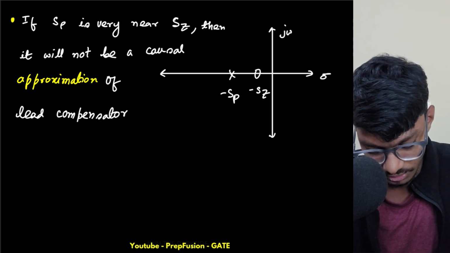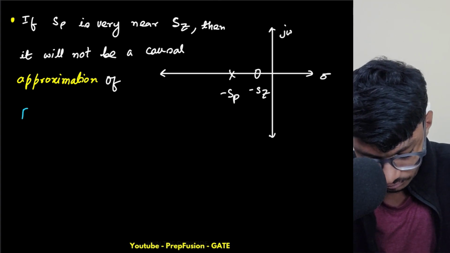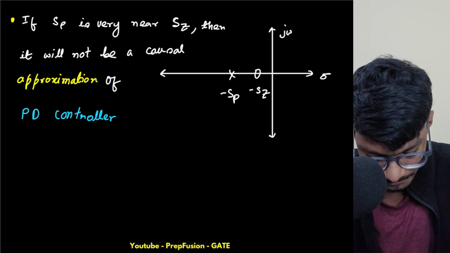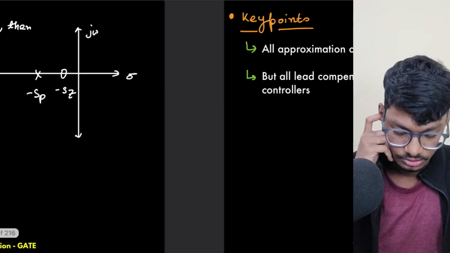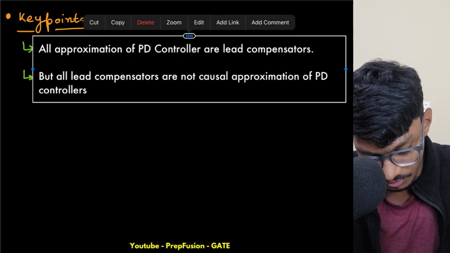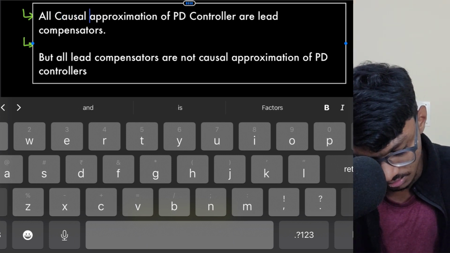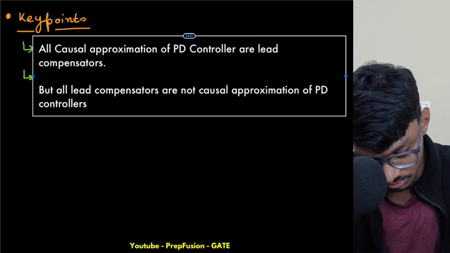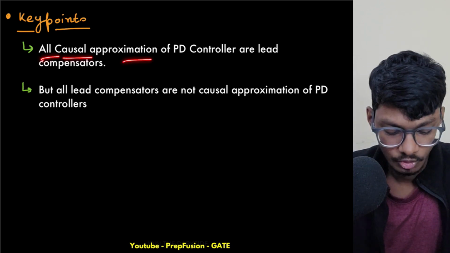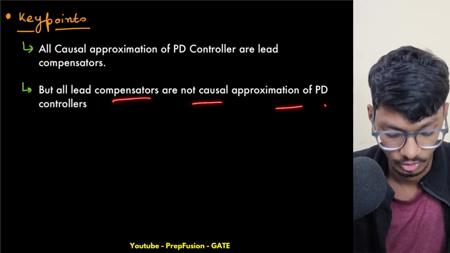Okay, so this is the thing. Here I have written the same thing: all causal approximations of PD controller are lead compensators, but all lead compensators are not causal approximations of PD controller.